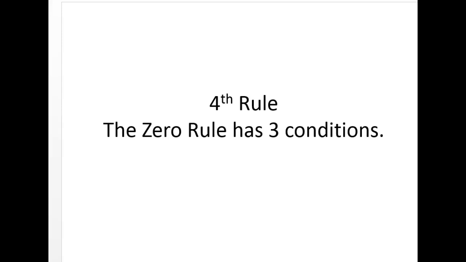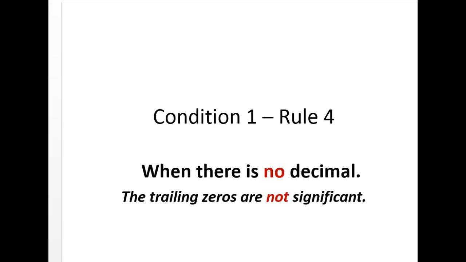So this is rule number 4, and it has 3 conditions. This is really the zero rule. These conditions are specifically for the placement of zeros in terms of the decimals. Condition number 1: when there is no decimal, the trailing zeros are not significant.